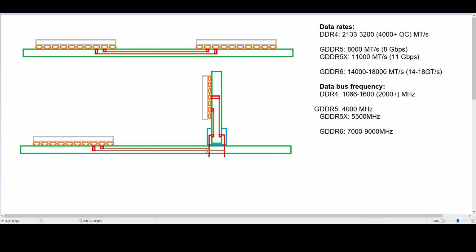So all of these things make the signal integrity much harder to maintain, and therefore it's not really viable to take a higher bandwidth, higher frequency interface such as GDDR5 or GDDR6 and use modules in such a thing, because it's just way too complicated, and it might not even be possible. It's physically impossible to actually get good enough signal integrity while maintaining a low enough operating voltage that we aren't throwing away power.